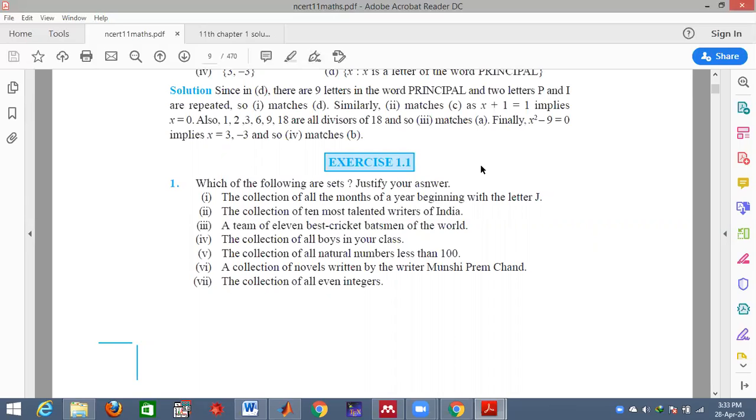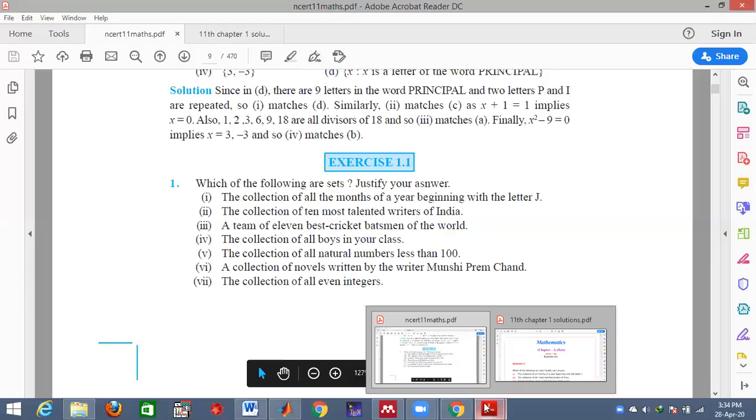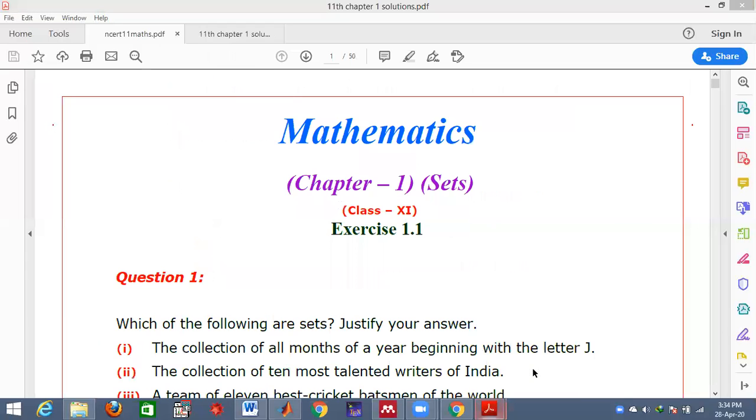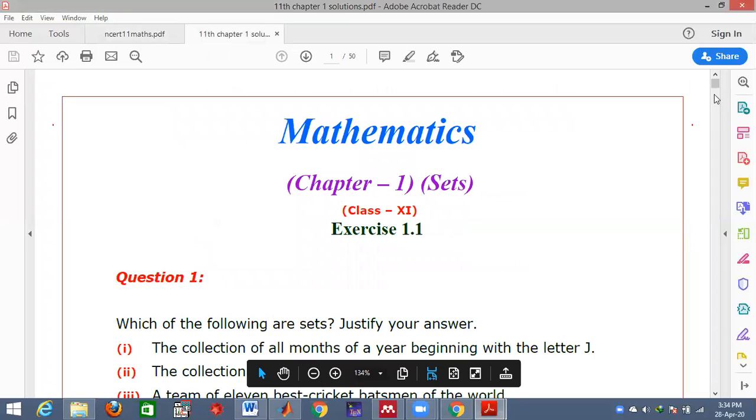So, for example, in the first part here, we have the collection of all the months of a year beginning with the letter J. So it's clearly a set because we can write these entities as I have written it in the solution.